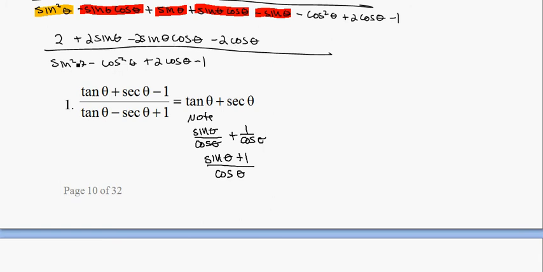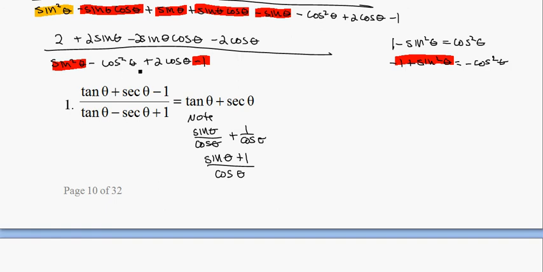But I can easily get rid of this sine squared right here. Because 1 minus sine squared theta is equal to cosine squared theta. If I multiply this whole thing by negative 1, negative 1 plus sine squared theta equals negative cosine squared theta. That means this and this is the same thing as this. So I now have a negative cosine squared theta down in the denominator.